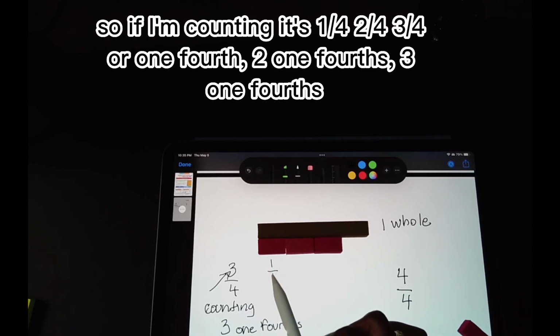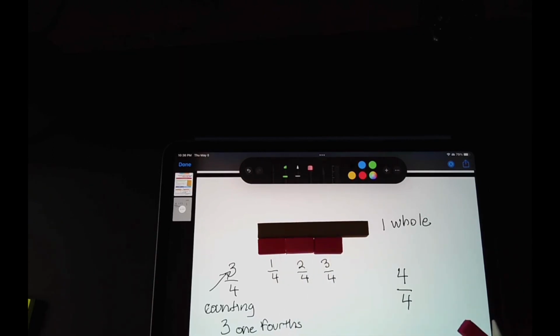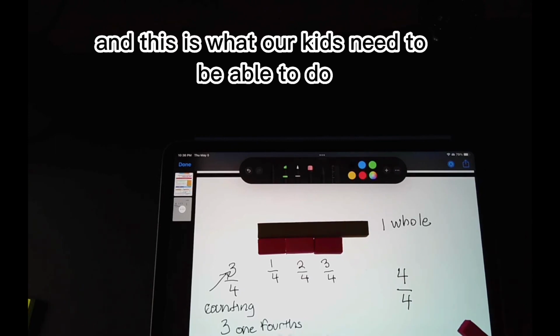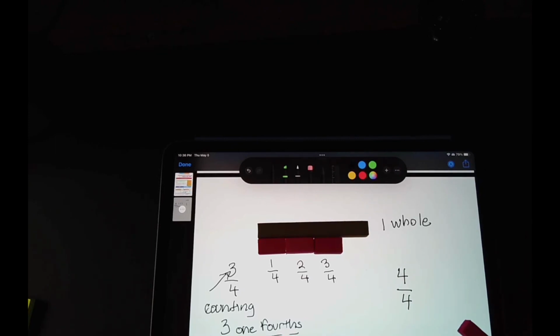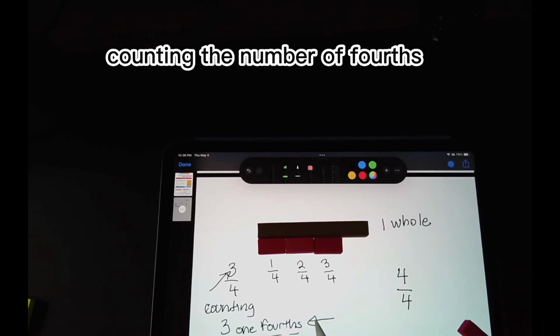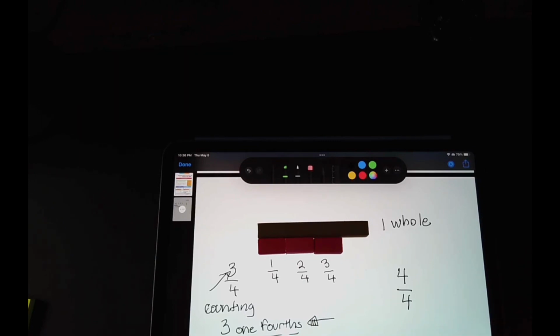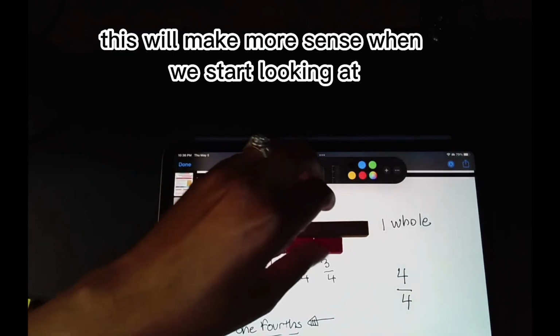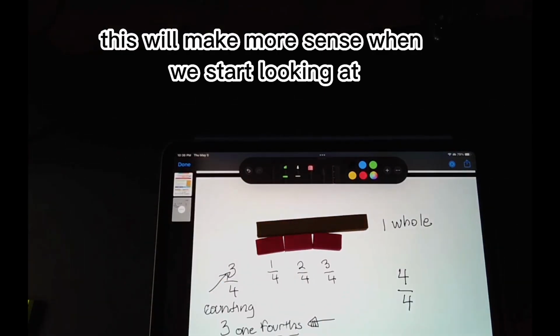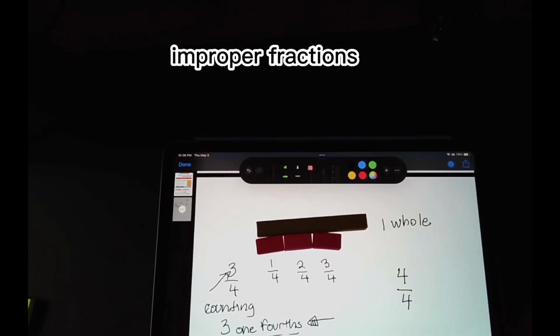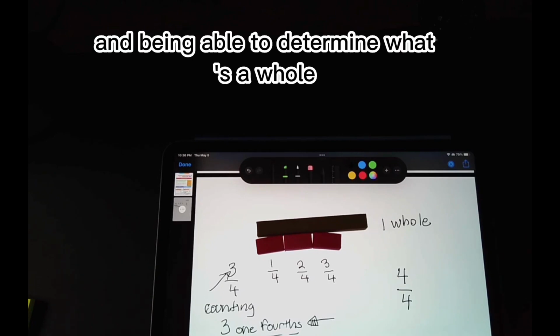So if I'm counting, it's 1/4, 2/4, 3/4, or 1/4, 2 1/4, 3 1/4. And this is what our kids need to be able to do: counting the number of fourths.